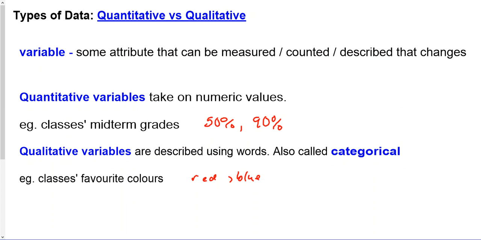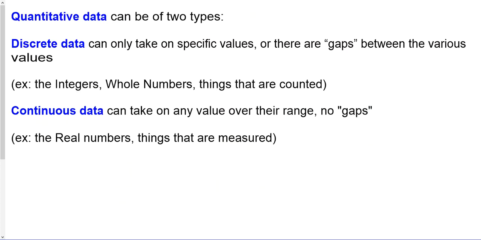All right. Now, quantitative data can in turn be divided into two types. We can have discrete data, and that's data which can only take on very specific values, or there are gaps between the values that this variable can take on.